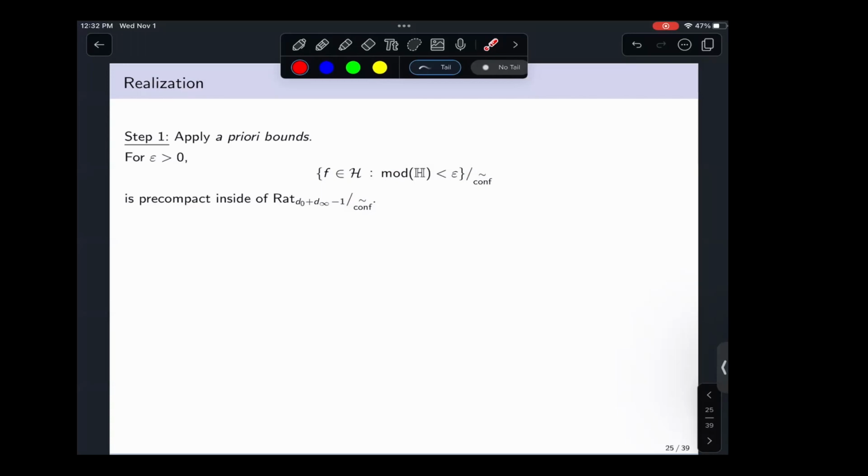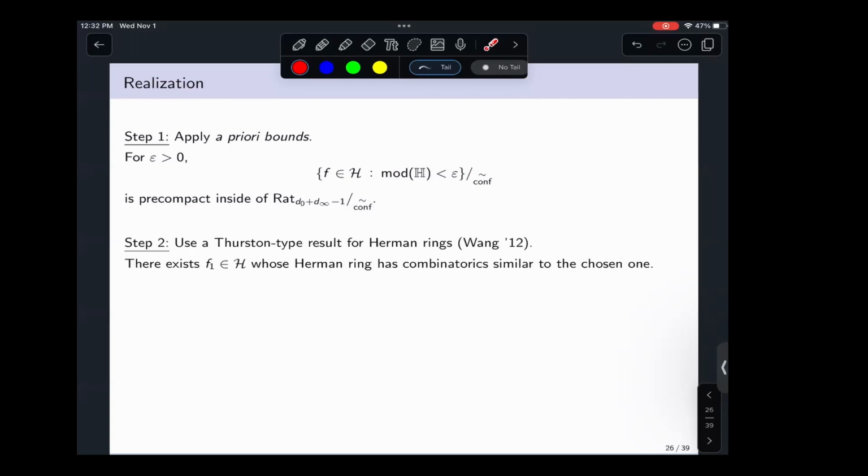And the next is, how do I get to realize the correct combinatorics? So in the space of Herman rings that we have in the curly H, we have an answer for that already. This was a problem that was studied by Xiaofeng Wang about 10 or 11 years ago.